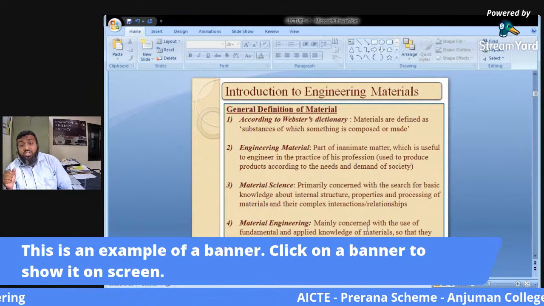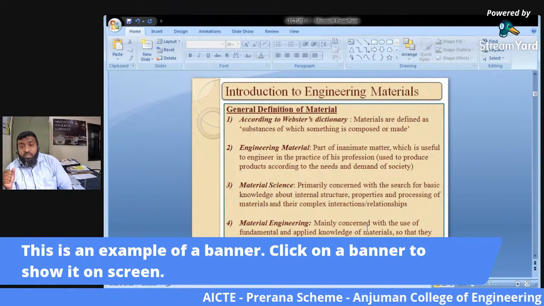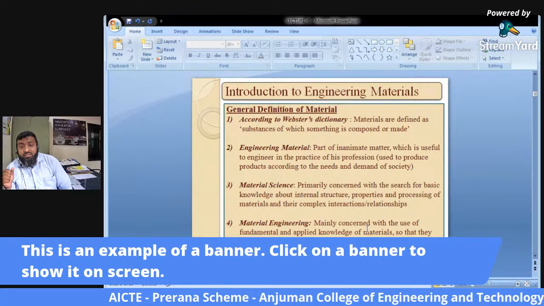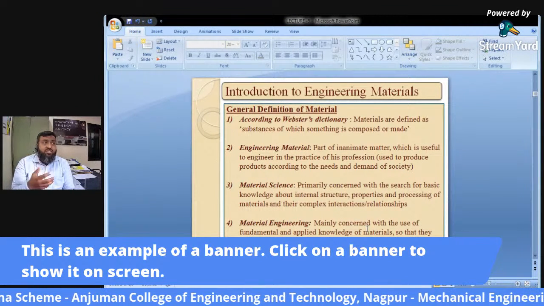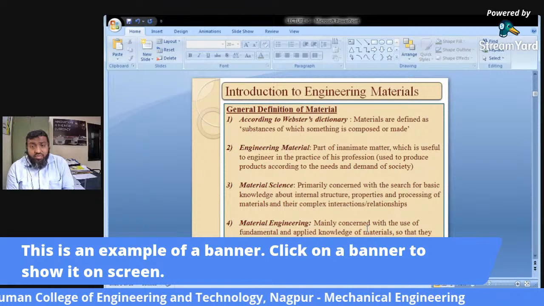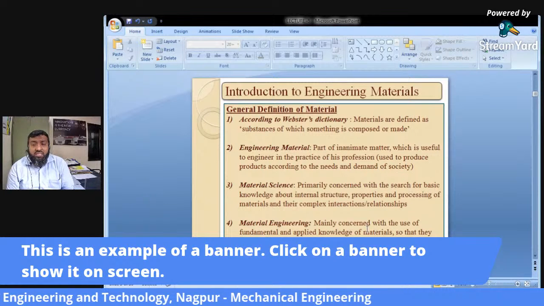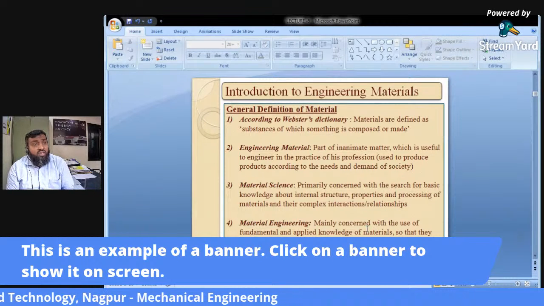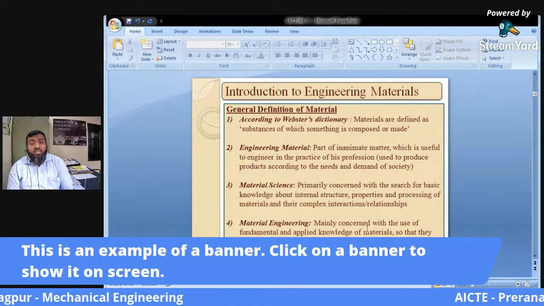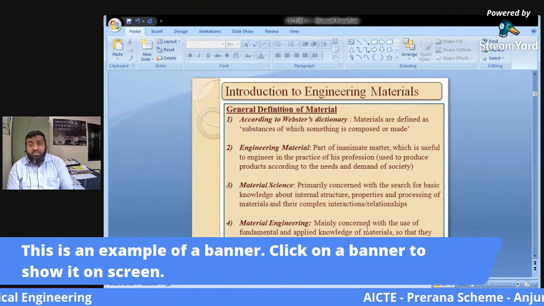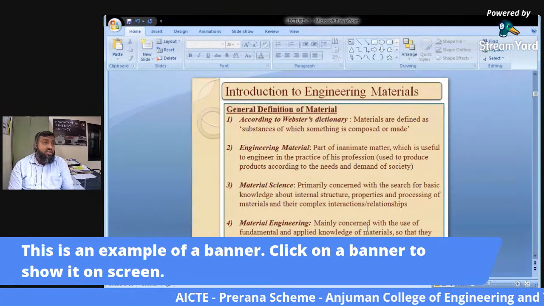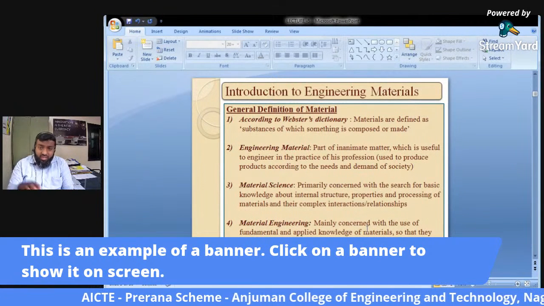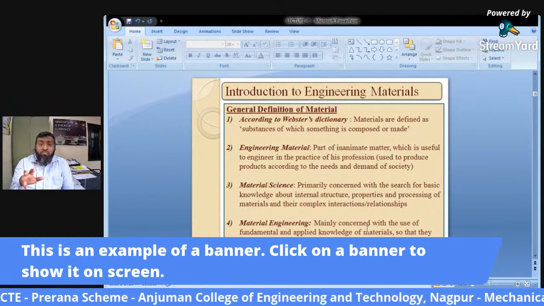The next is engineering material. This part is under consideration for us also. When we say engineering material, it is the material which is useful to an engineer in the practice of his or her profession, used to produce products according to the need and demand of the society.